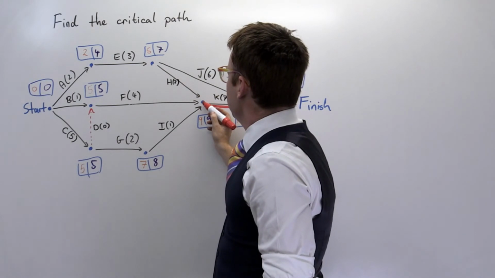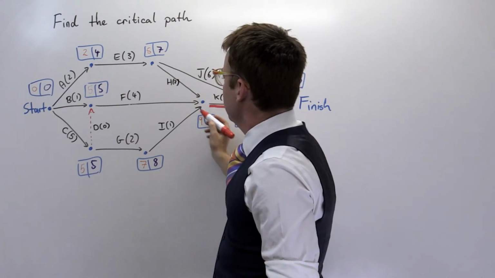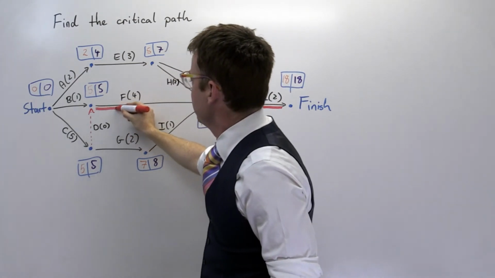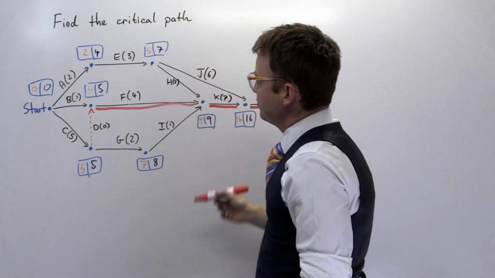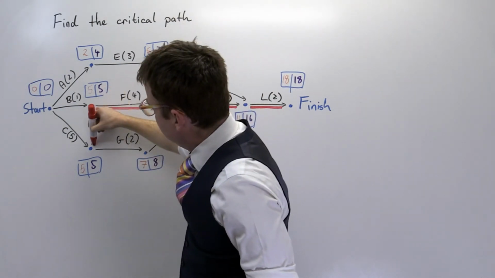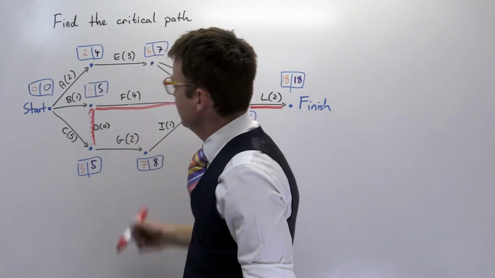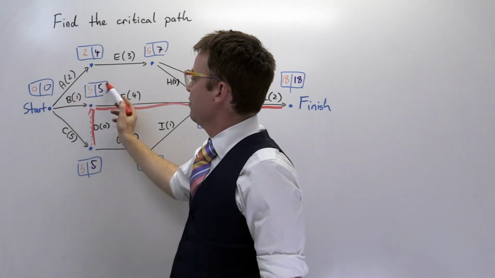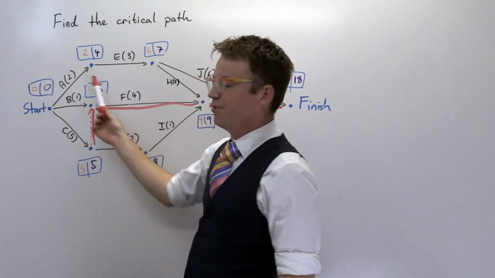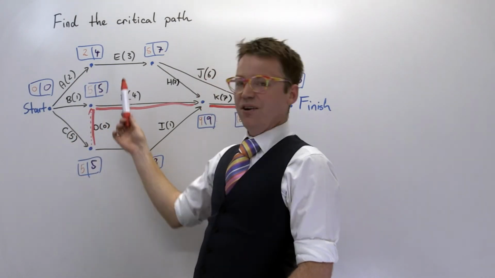Okay, so this one, activity F, 9 minus 4 minus 5 is 0, so this is on the critical path. Activity D, 5 minus 0 minus 5, critical path. Activity B, 5 minus 1 minus 0 is 4. Activity B has a float time of 4, not on the critical path.